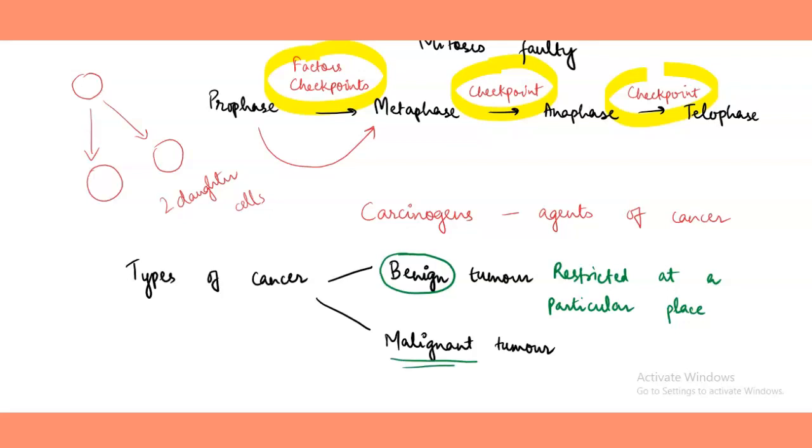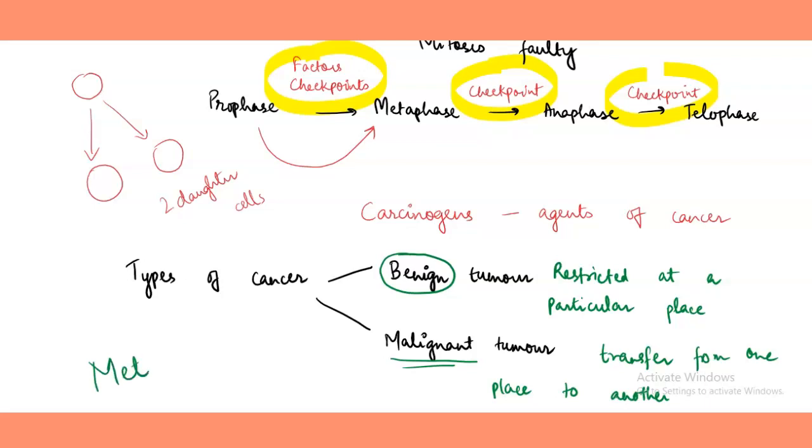Whereas the word malignant is used when the cells are going to transfer from one place to another. So if a certain area has become cancerous, these cells may come into the blood, and because blood is circulated in the body, these faulty cells may transfer to a normal part, and that part will also become cancerous.